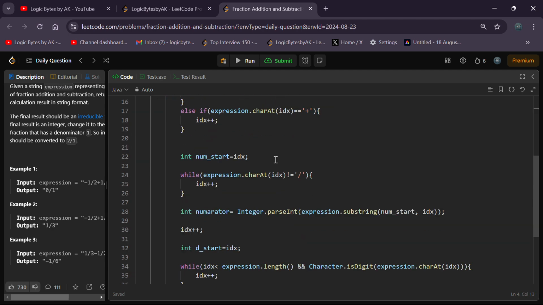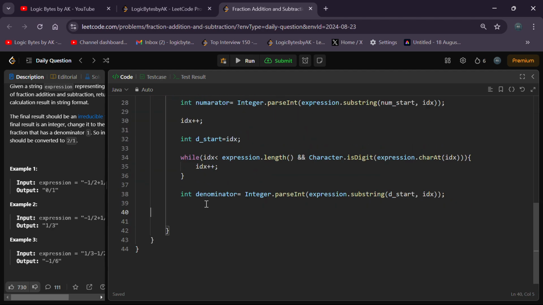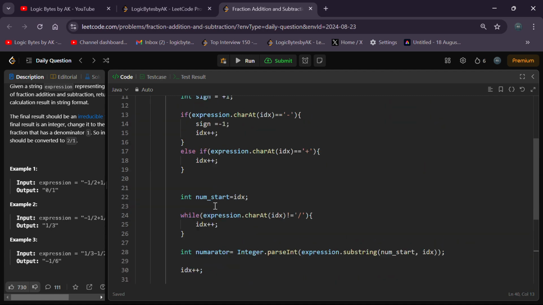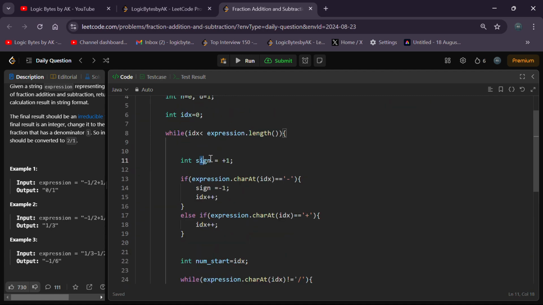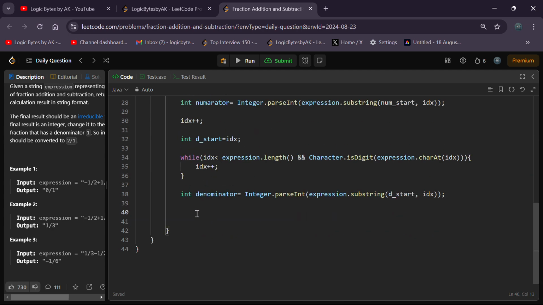what we have to do, we have to do the operation. So the operation depends on the sign. So we have to multiply our sign with the numerator: numerator star equal to sign. Now we have to update our new numerator by cross multiplication.